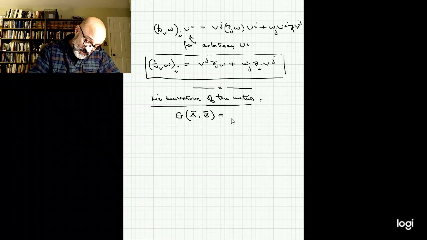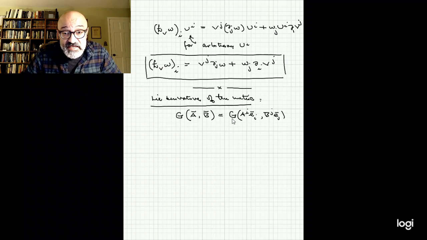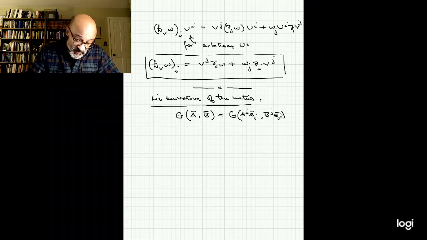Let me write it explicitly just to remind you how this works. If you have AI, EI, and BJ, EJ, those are the two vectors. This being a linear function of whatever appears in those slots, the components, the numbers AI and BJ can be pulled out.